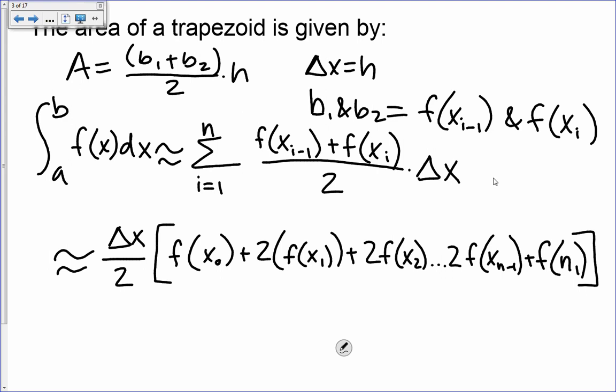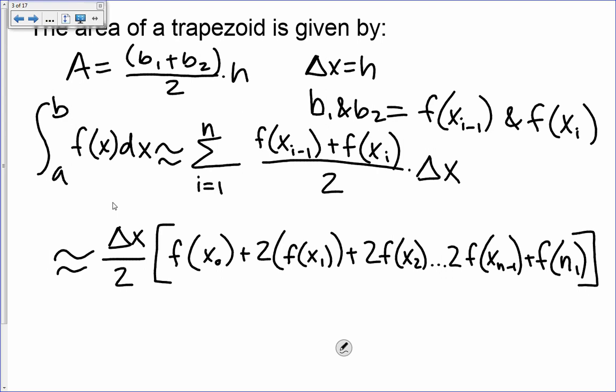One thing to note about this is that this equation only works when this delta x is constant. So we factored out all these delta x's from this equation because we were assuming that the height of each trapezoid was the same.